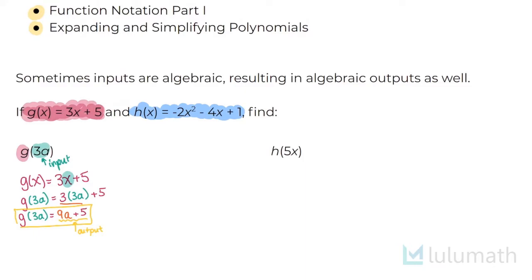Now in our next example, we've got h of 5x. This time we're going to be using our h function, and our input is 5x. So every time we see an x, we're going to replace it with 5x. Now this is a little bit tricky because we'll see x and wonder why we should replace it with something that has a different kind of x in it. Here, when we had x, we replaced it with 3a. It's the exact same idea.